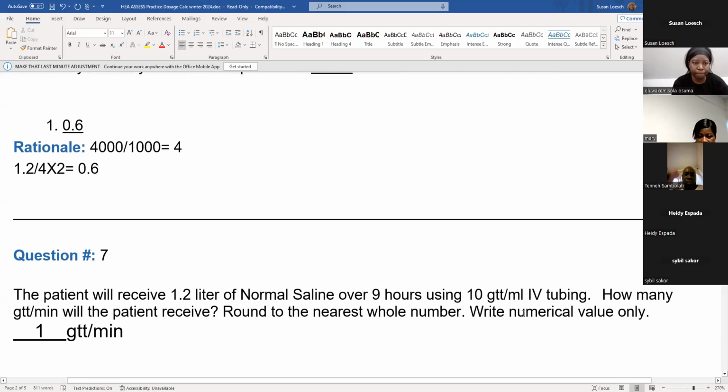All right, drop factors. Most important thing for this is knowing the formula. Your formula is always going to be your total volume over your total time in minutes times your drop factor, always a whole number. So our total volume is what? 1200.